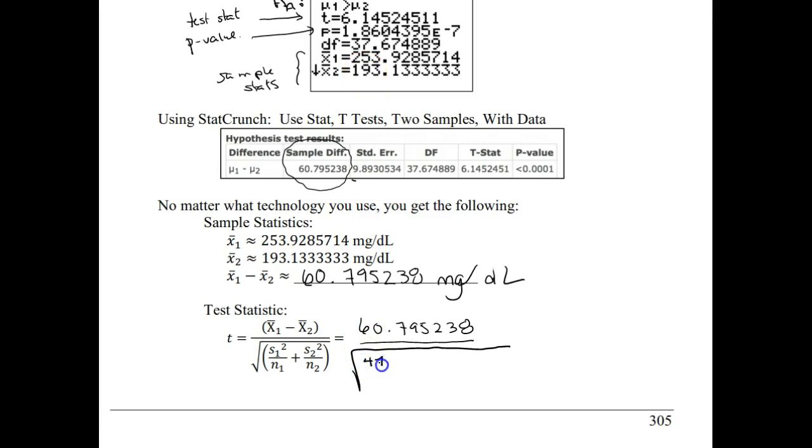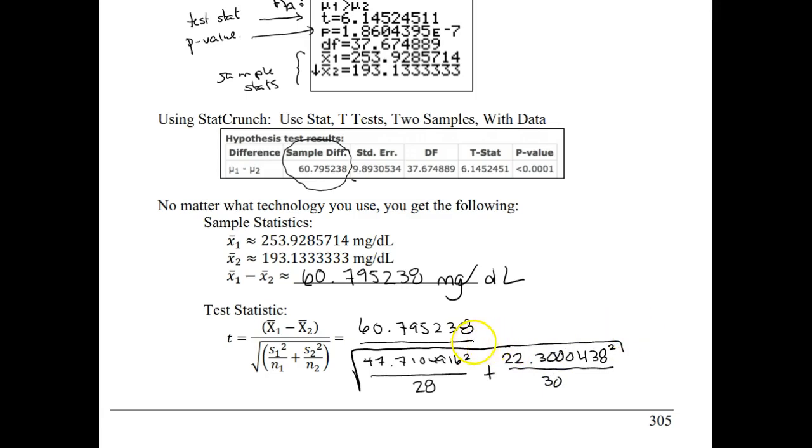So this would be 47.7104916 squared over the sample size, which is 28, plus the other sample standard deviation is 22.3000438 squared. And that is over a sample size of 30.